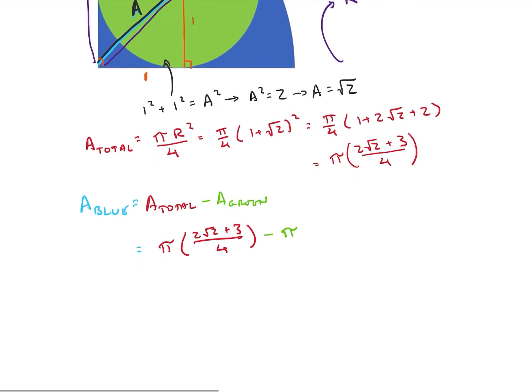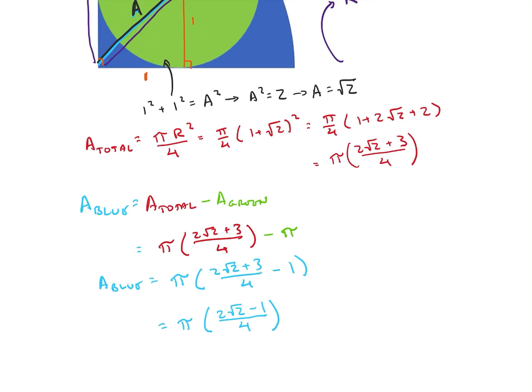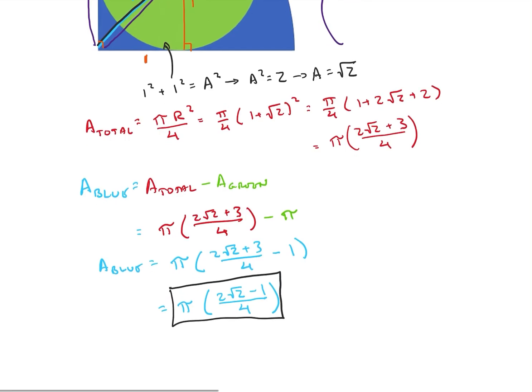Now we can factor out pi, so A blue is equal to pi times ((2 root 2 plus 3) over 4 minus 1), which is then equal to pi times (3/4 minus 1 is negative 1/4), so we get (2 root 2 minus 1) divided by 4. And this is going to be our final answer for the area of the blue region.